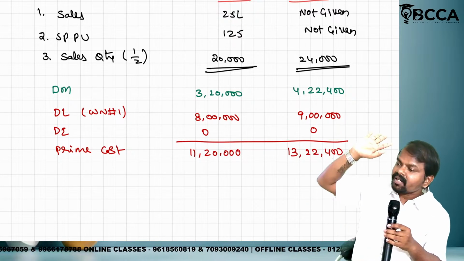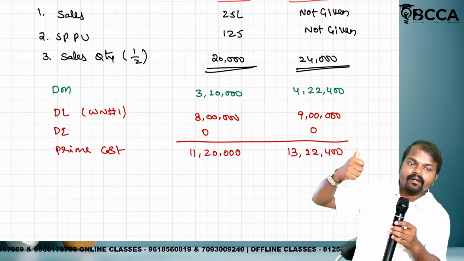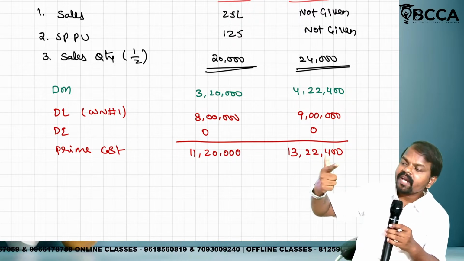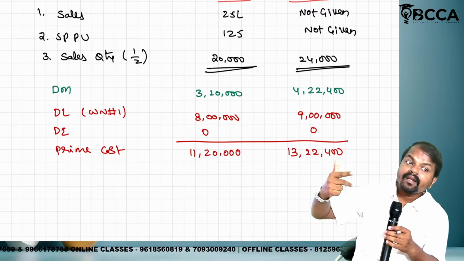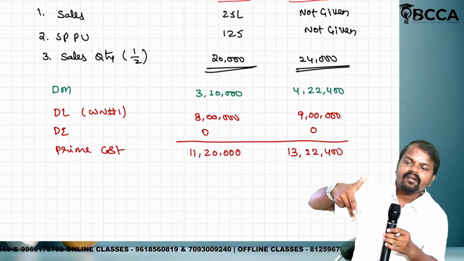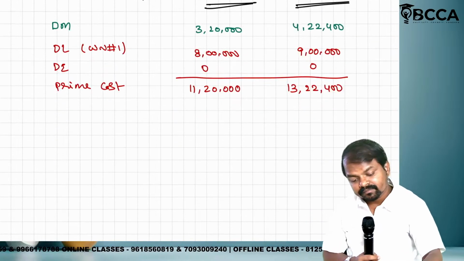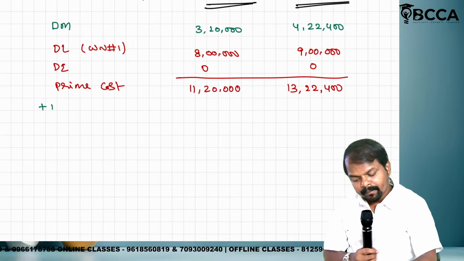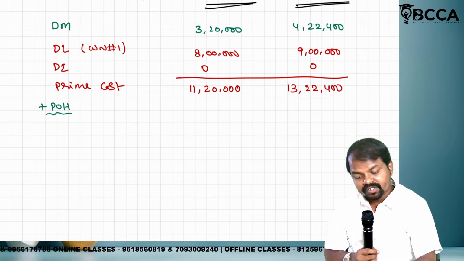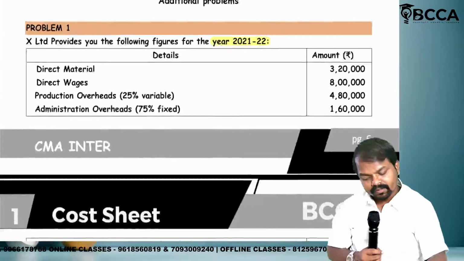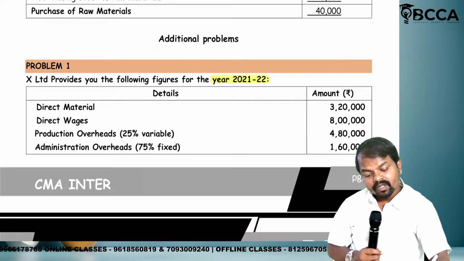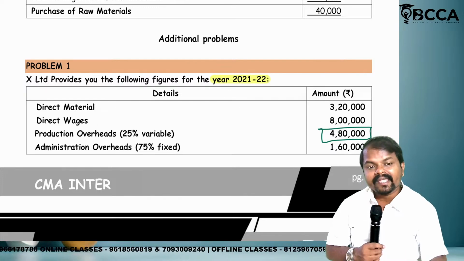If you remember the cost sheet, what is the first line? DM. The next line? DL. The next line, aggregate plus POH. Please go to the question. Generally POH is equal to 4,80,000.